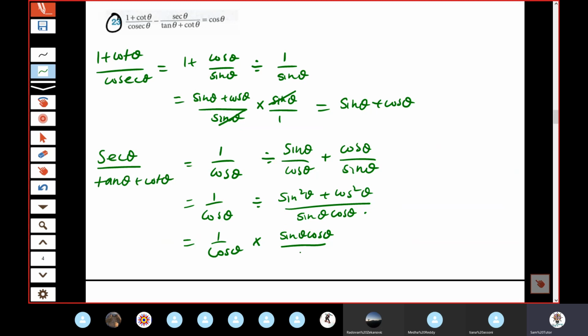So of course we know that's over 1. Sine squared plus cos squared is 1. Cos and cos cancels out, and you're left with sine theta. See how neat that becomes?